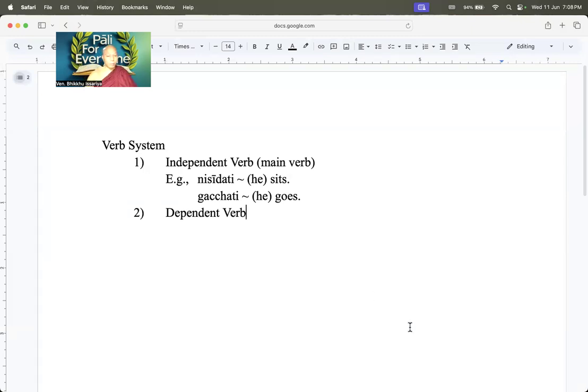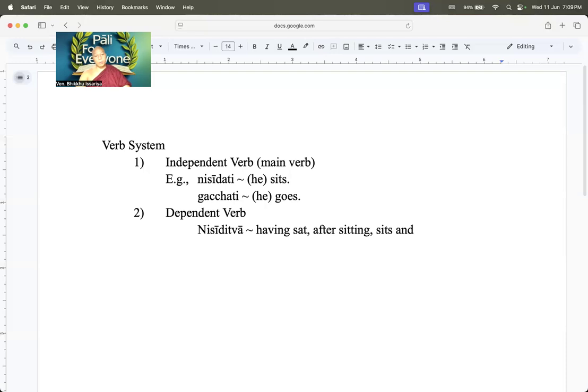But the other one, the dependent verbs, they cannot be used alone. So they are dependent on the main verb. Such a one, for example, nisīditvā, having sat, or maybe later we will learn, after sitting, or sits, and so on.